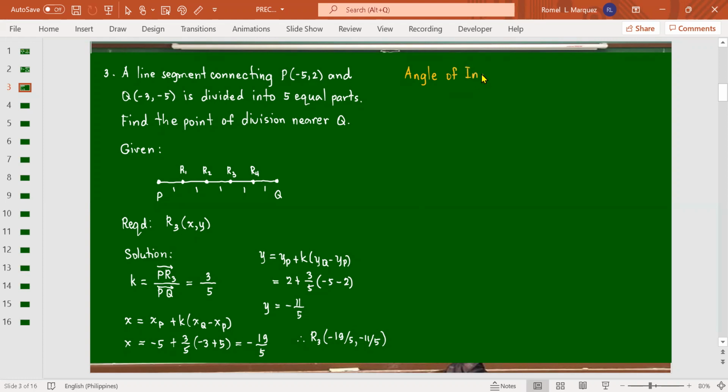Any idea of what angle of inclination is? Guys, what is the angle of inclination of a line?